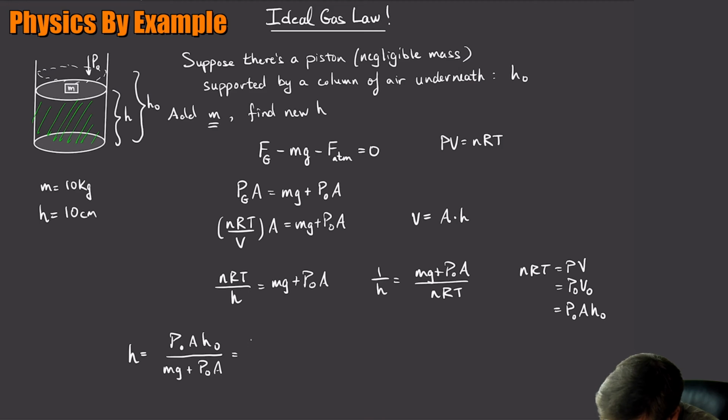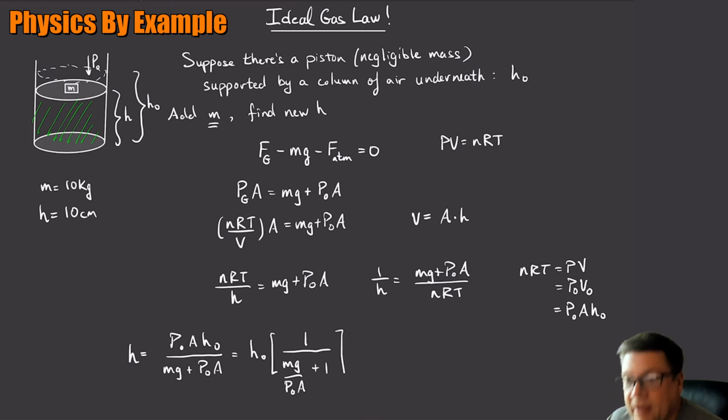So that's just going to be h naught on the outside, times 1 over mg over P naught A plus 1. How about that? That looks a lot easier.